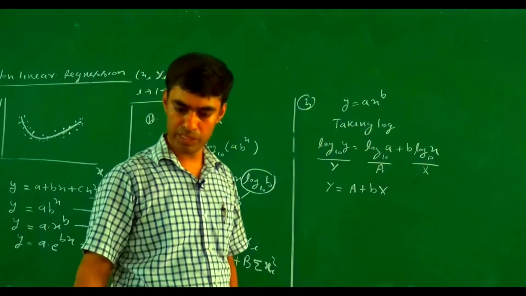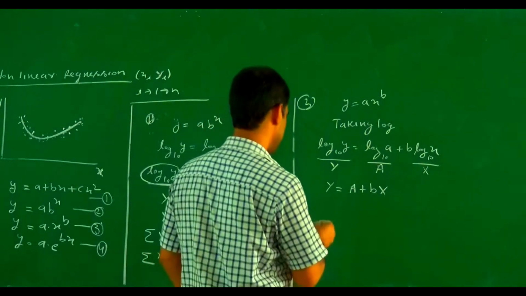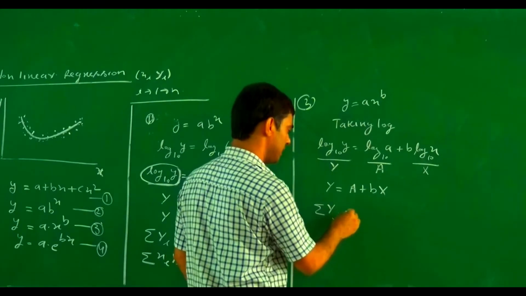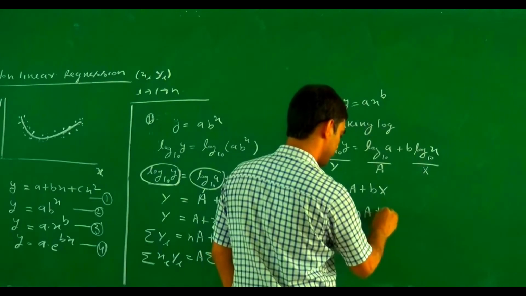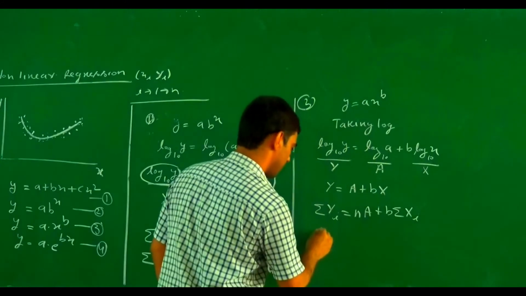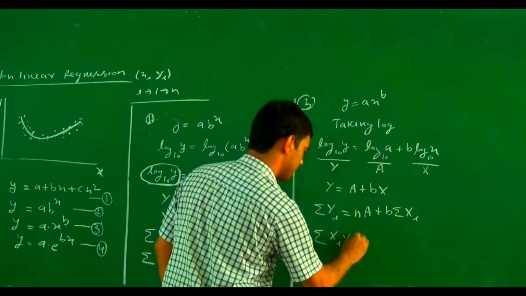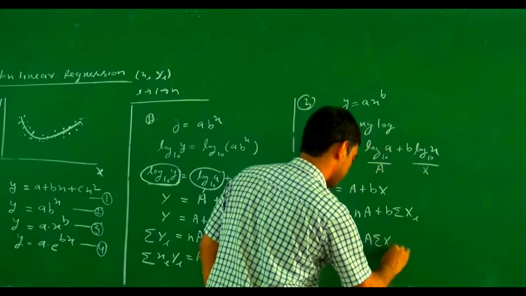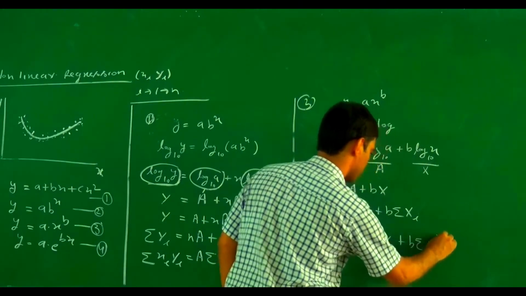So what is the normal equation? Now the normal equations become: summation of capital Yi equals n capital A plus b summation of capital Xi, and the second one, summation of Xi Yi equals A summation of Xi plus b summation of Xi square.